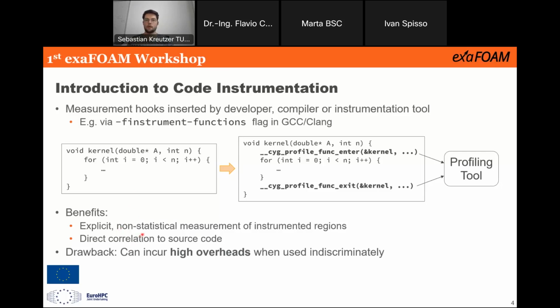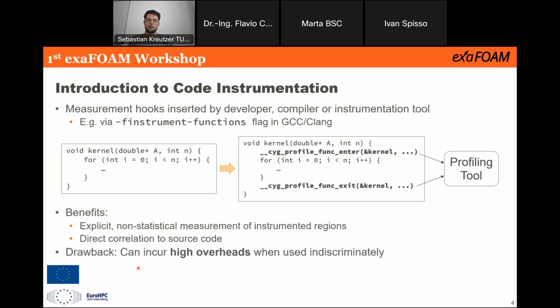And another thing which is nice is that there's a direct correlation to the source code. So if you use, for example, CaPI will know that this probe here was inserted at this point. So it can tell you at which line in the code the measurement was recorded.